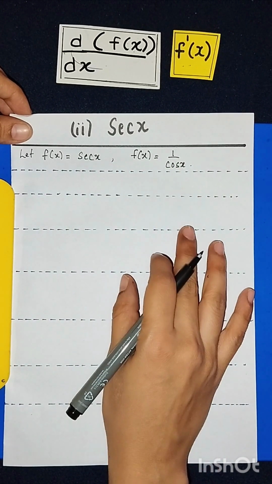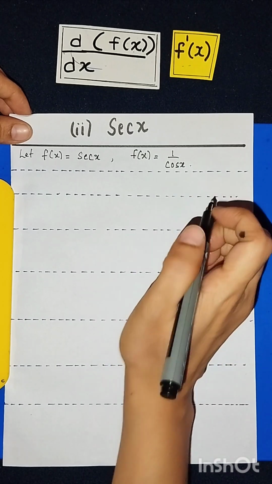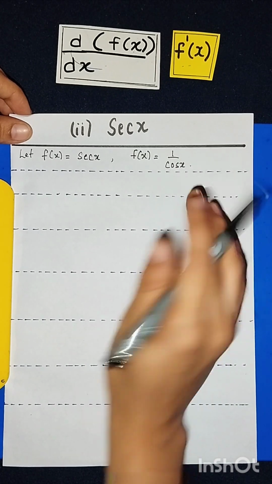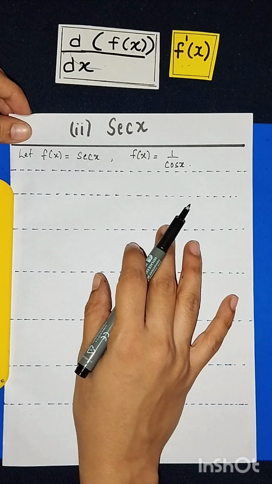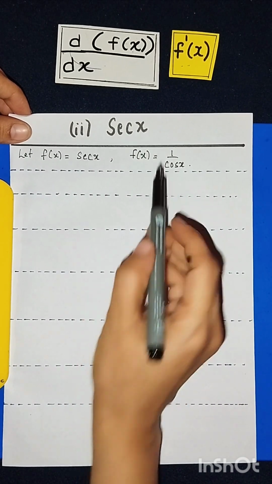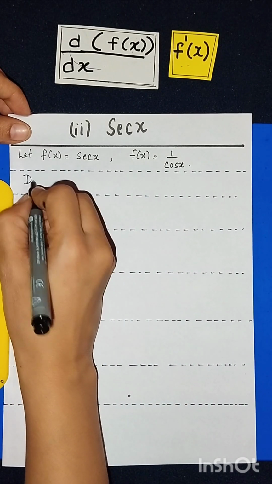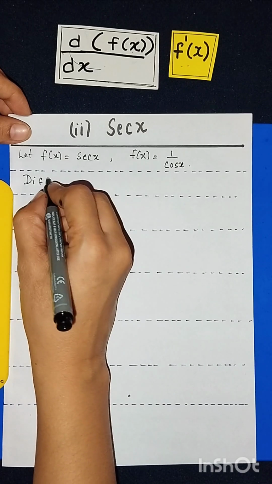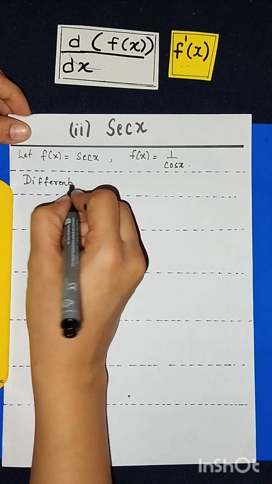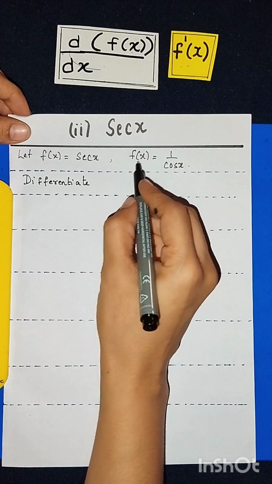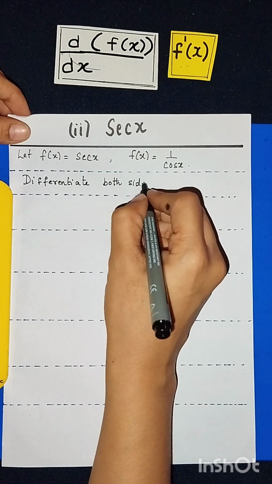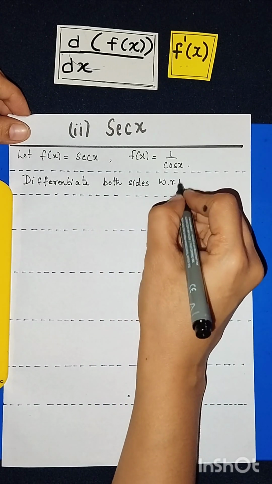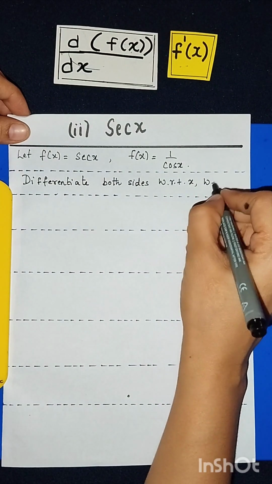Reciprocal, 1 by cos x. We know the derivative of cos x, that is why we are writing it in the form of 1 by cos x. Now we have to find f dash of x. For that we have to differentiate both sides with respect to x.